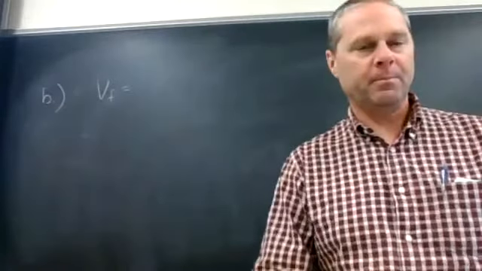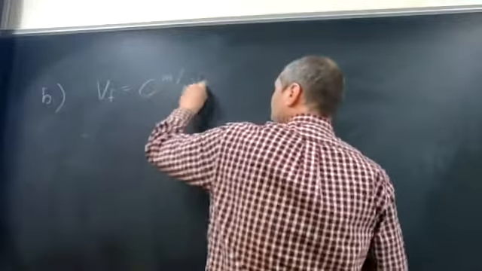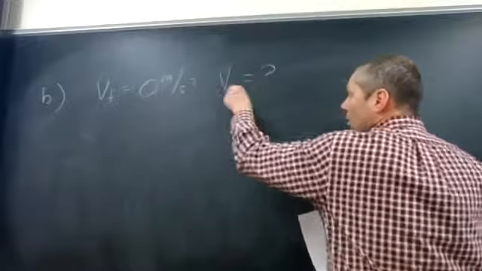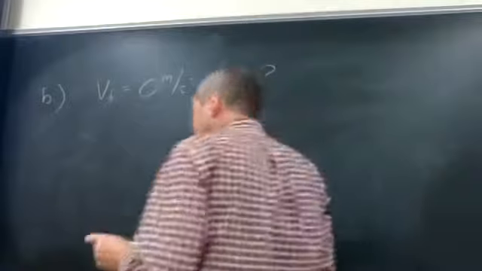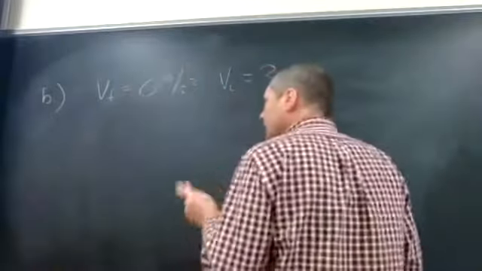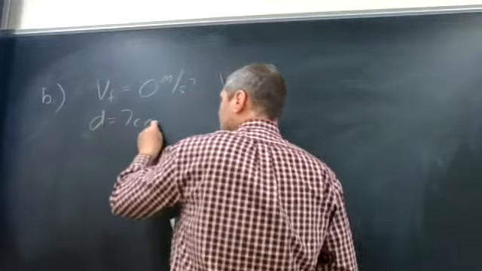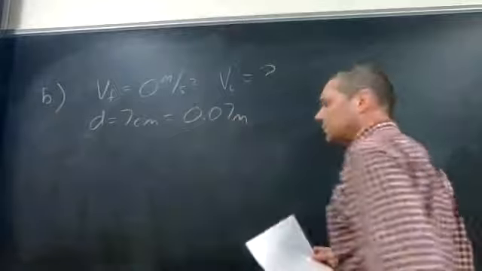That's exactly right. It's going to be 0. And what we're looking for is the initial speed. That's what B says. And we know that this proton has traveled a distance of 7 centimeters or 0.07 meters.